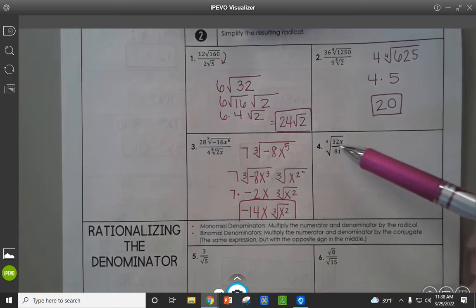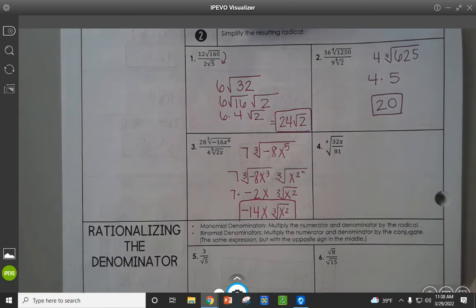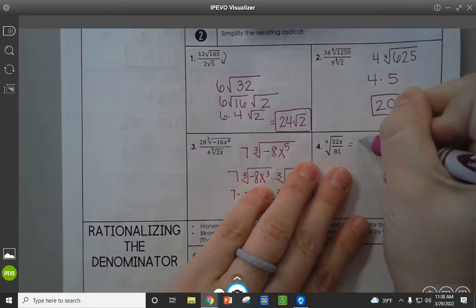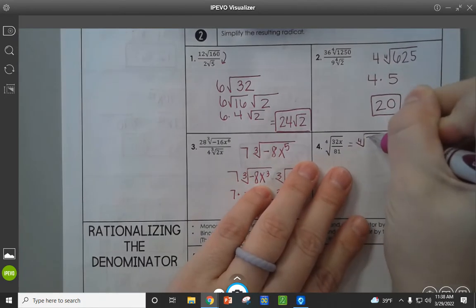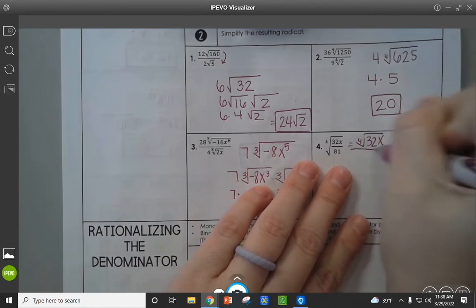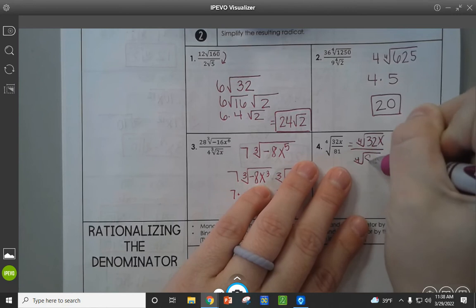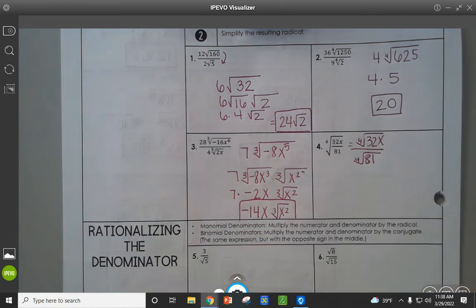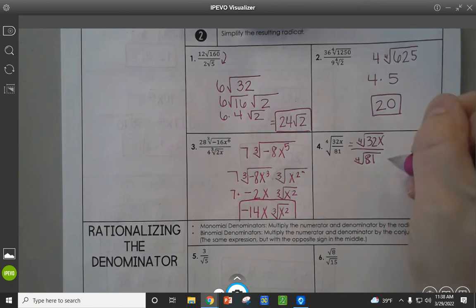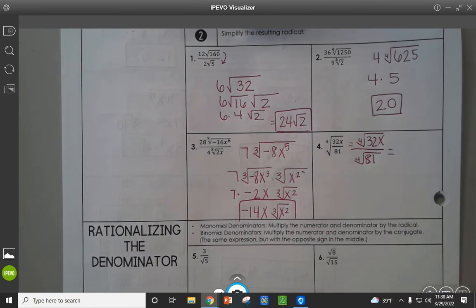Number 4, the entire thing is in a fraction, but that's the same thing as having the 4th root of 32x over the 4th root of 81. Now, can you do 32 divided by 81?